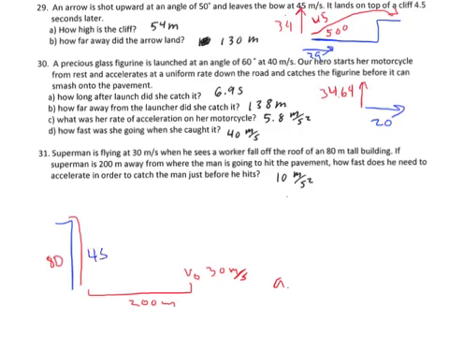So now, here's what I got. I'm going to use this kinematics equation here: x equals x naught plus v naught times t plus 1/2 at squared. I'm looking for how fast he has to accelerate, so I'm looking for the a in this equation.